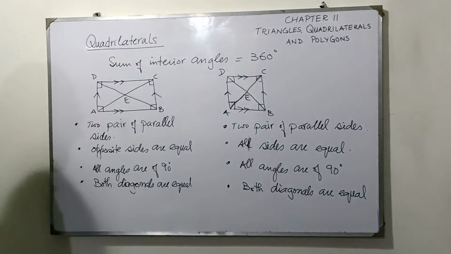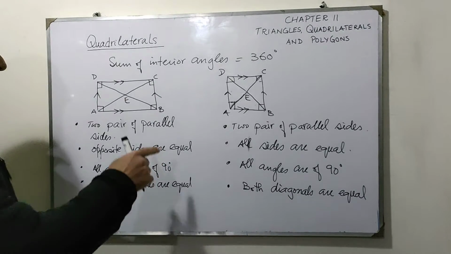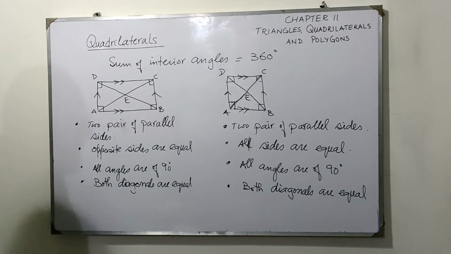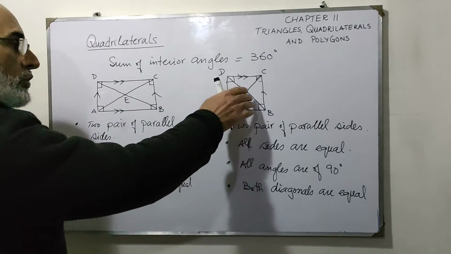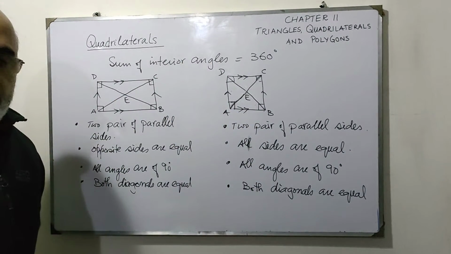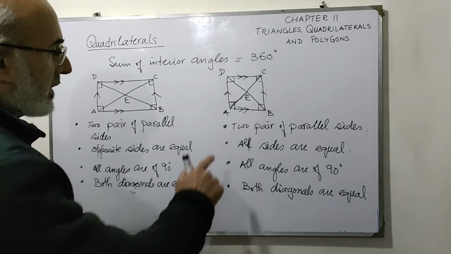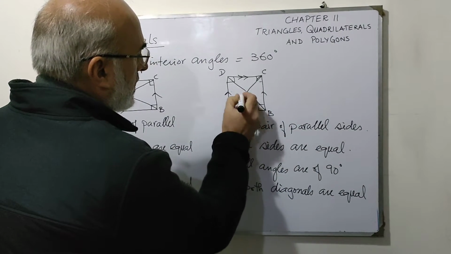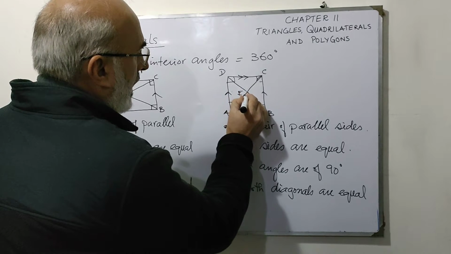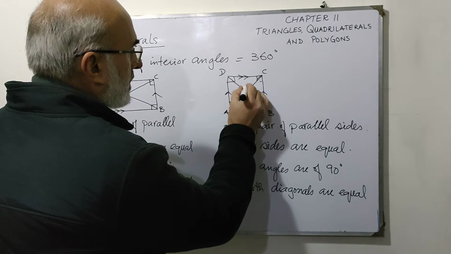Okay. Now, these two diagonals are intersecting each other at E. These two diagonals are intersecting each other at E. But the difference is, in this case, the diagonals are bisecting each other at a 90 degree. Okay, this is 90 degree.